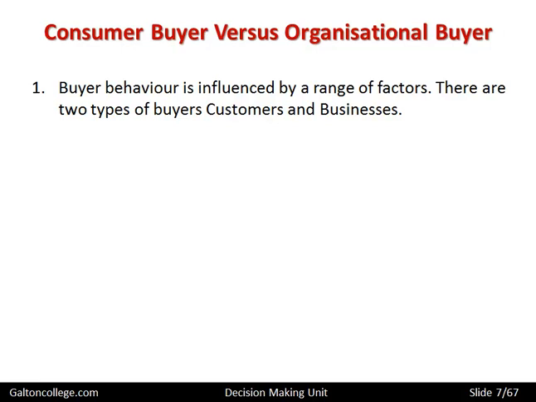So they may buy services or they may buy goods. They don't buy the goods for their own sake. They buy the goods and services so that they're able to produce a final product which can be sold to the customers. So they're intermediate producers.